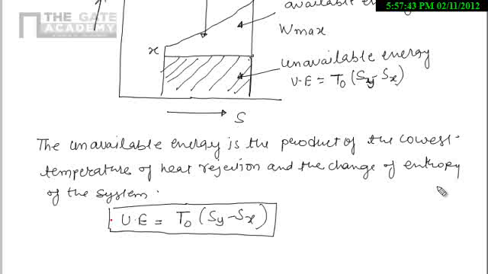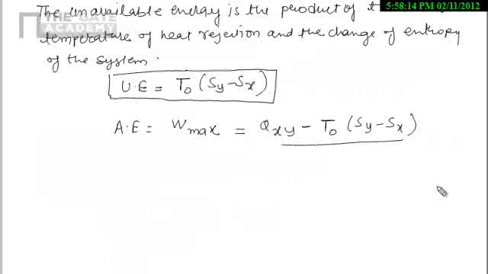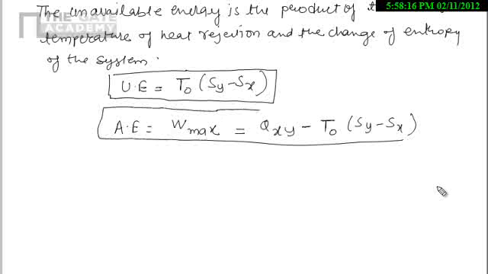By this way we can calculate the unavailable energy. We have two more terminologies for available and unavailable energy. We have already defined unavailable energy; now we will define available energy. Available energy is nothing but the maximum work output, which we can write as Qxy minus T0 (Sy minus Sx). By this way we can calculate the available energy.